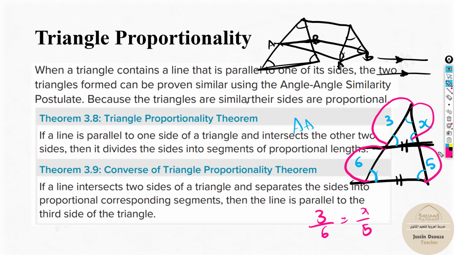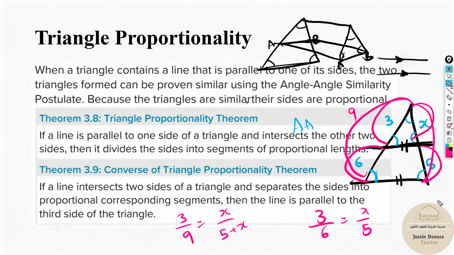That is the proportionality. There are various ways we can write the proportionality. You can write the entire length as 9. So 3 by 9 will be equal to x divided by 5 plus x. You can solve both of these and you will get the same answer.